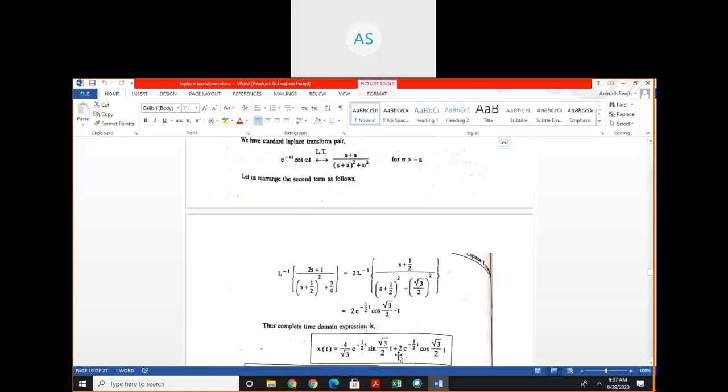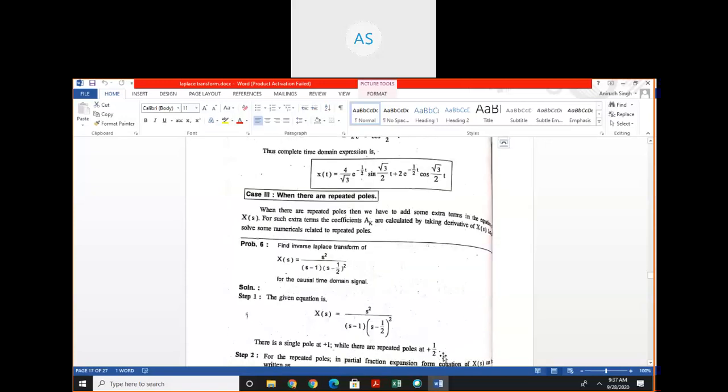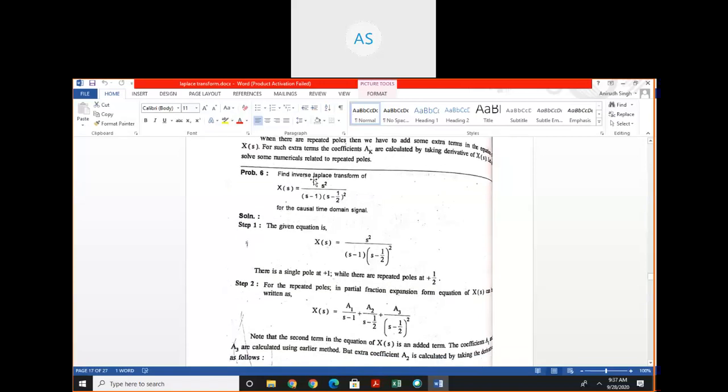So if we take the inverse Laplace transform of this term, we get 2 exponential minus half t cos of root 3 divided by 2 multiplied by t. So we get the complete time domain expression. x of t is given by this expression.